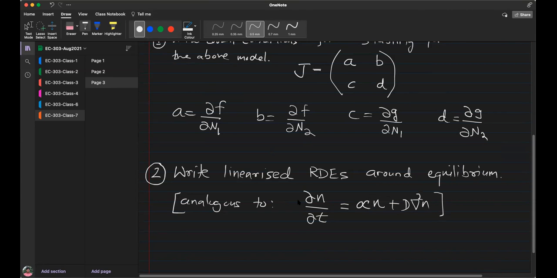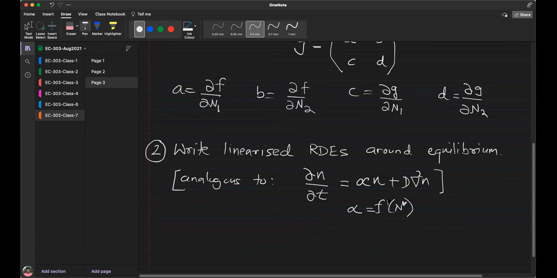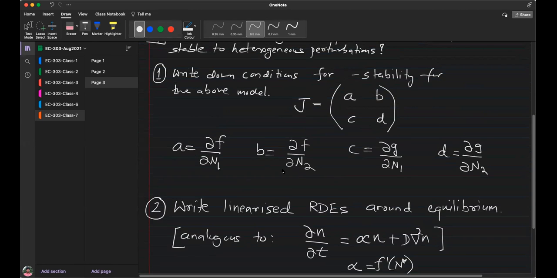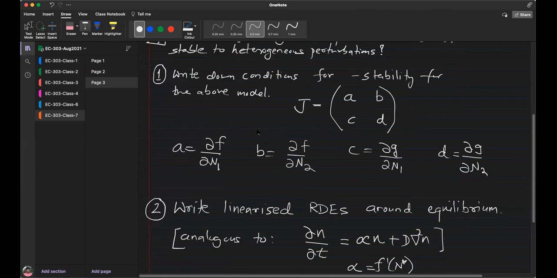So what is the corresponding equation of this type when you have the two variables? What would be the linearized reaction diffusion equation around the equilibrium, analogous to this, but for this one? That is the second step.